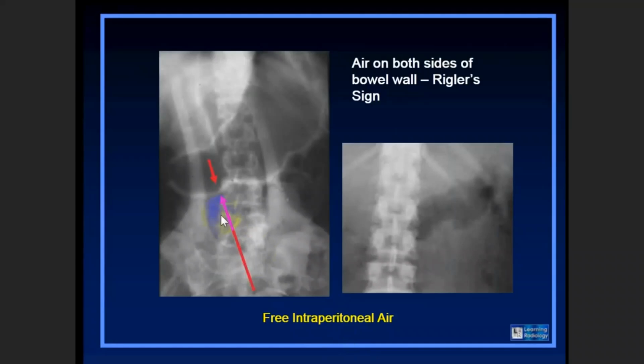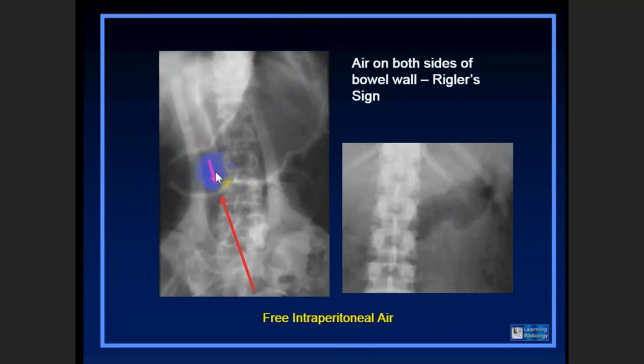Here we have air, which is called Rigler's sign, the presence of air outside, not normally inside. Here we have the stomach, this is the lesser curvature, and this is the greater curvature. Here the fundus of the stomach, here the body of the stomach, and this is the pylorus or pyloric canal toward the duodenum.